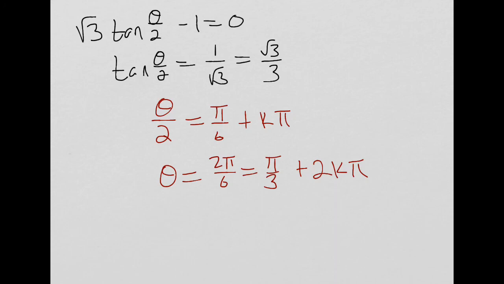Because when I take some value, pi over 3 plus 2k pi, and I plug that in for theta up here, this will get divided by 2, which will turn it into a pi over 6, and this will also get divided by 2, which will turn it into a k pi. So that's the other piece you want to be aware of when you're substituting in for these things. Before you go ahead and isolate the theta, make sure you add on your period, the extra k or 2k pi to deal with the period from there.